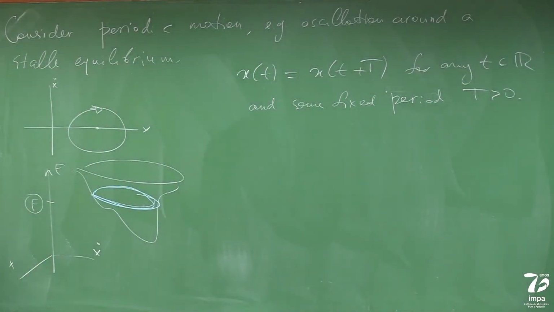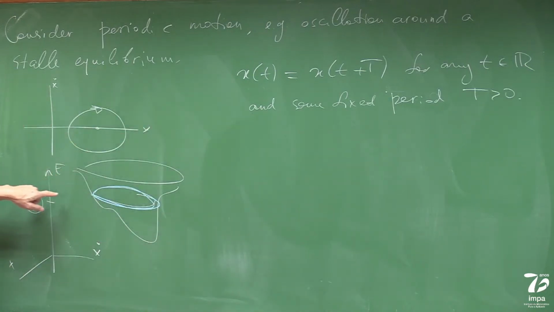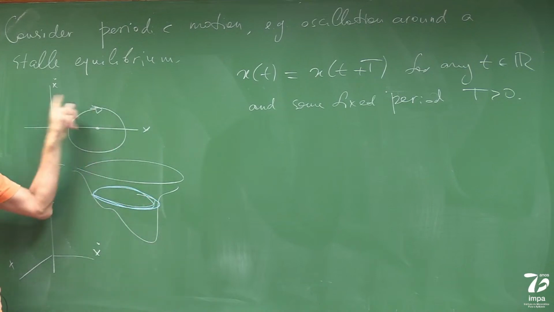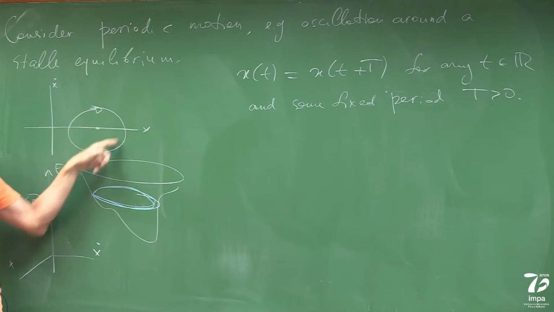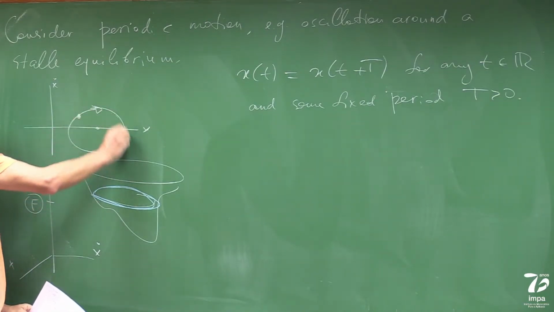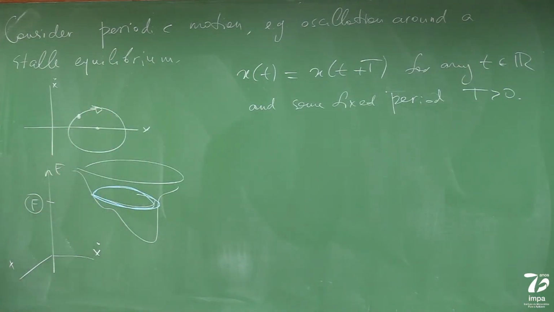So that's the notion of periodic motion, and every energy level which gives you a closed curve will give you an orbit on a phase plane which will be closed. And it's, of course, periodic motion, because starting at any point, you come back to that point, and then it starts again, because the equations are all the same. So let's find the period.